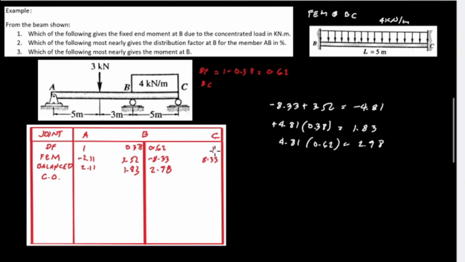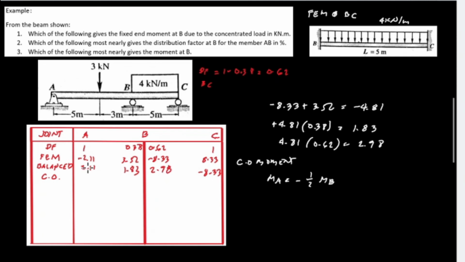At joint C, we have the distribution factor of 1 and FEM of 8.33. So 8.33 times 1, and we change the sign, so that's 8.33. And the carryover moment, that's MA is equal to negative 1/2 of MB.